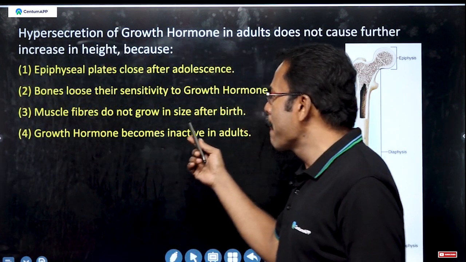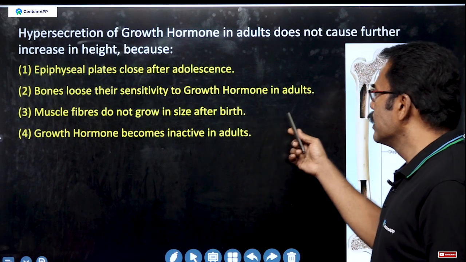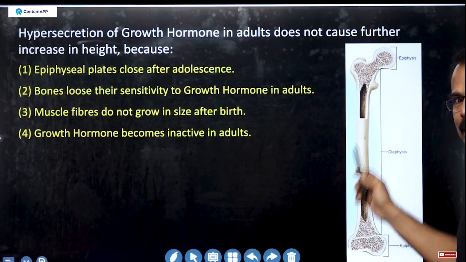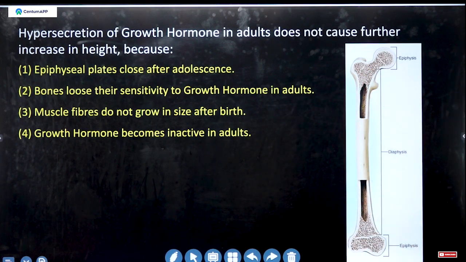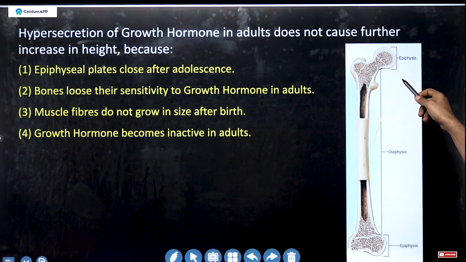Let us see, here there is a picture, that is the longitudinal section of the bone, that is the long bone.